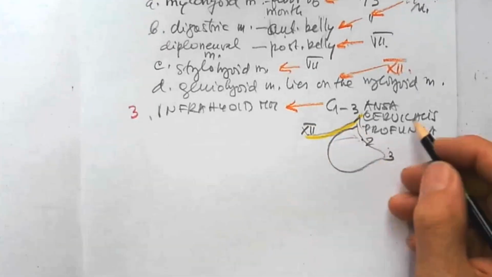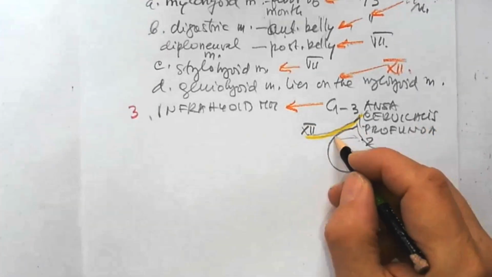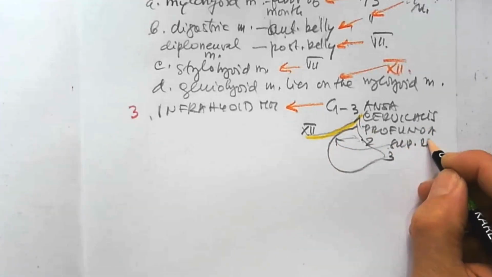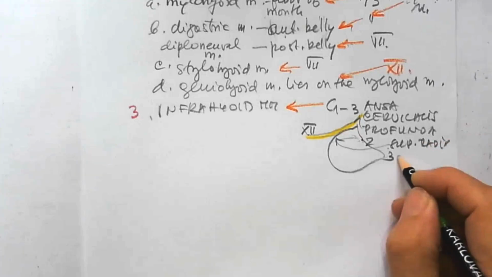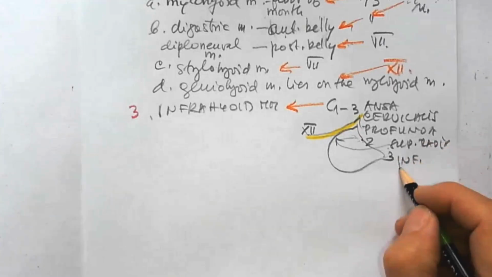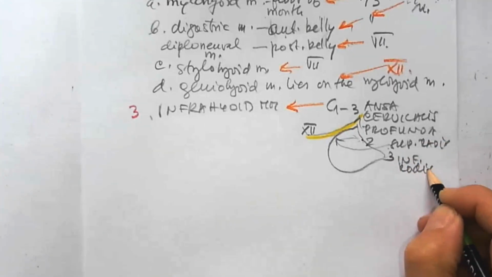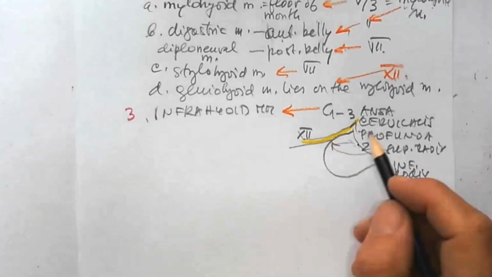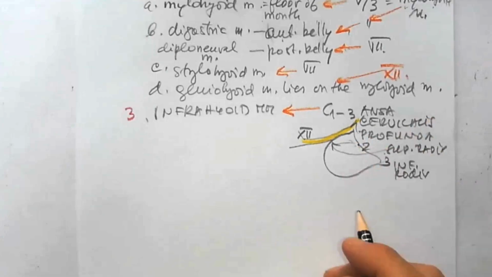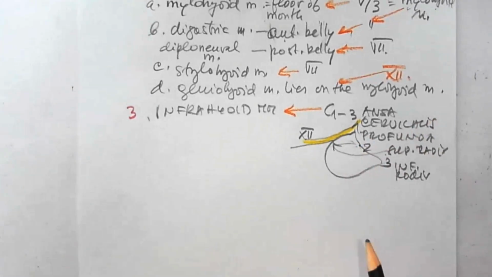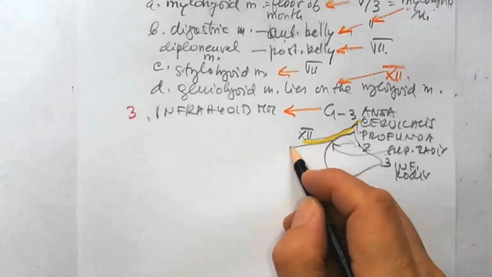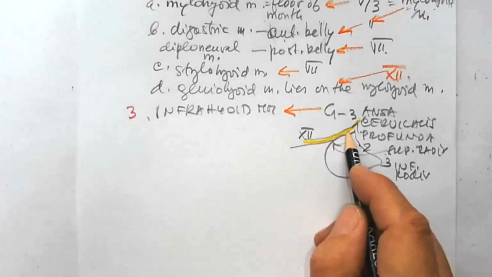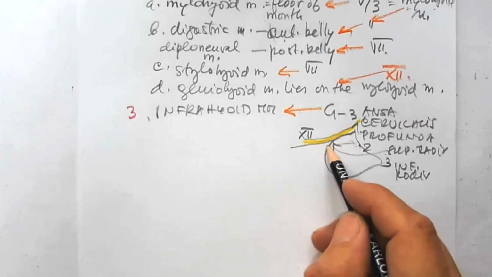So the ansa, this is that ansa with the superior radix or root, and that one is inferior radix or root, both. And this ansa gives off the branches to the geniohyoid, as you see, geniohyoid, nerve number 12.